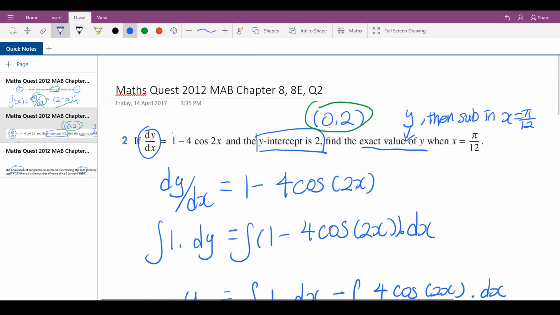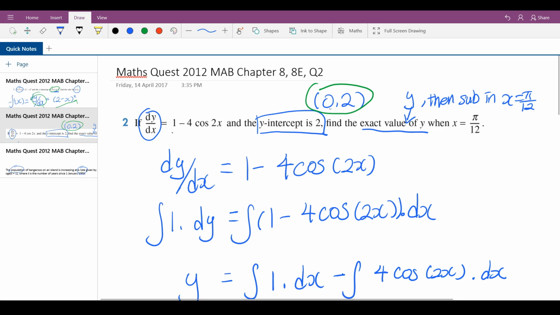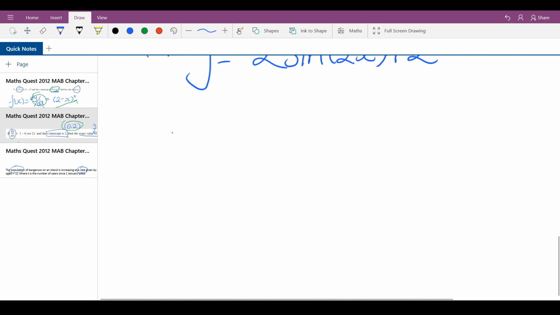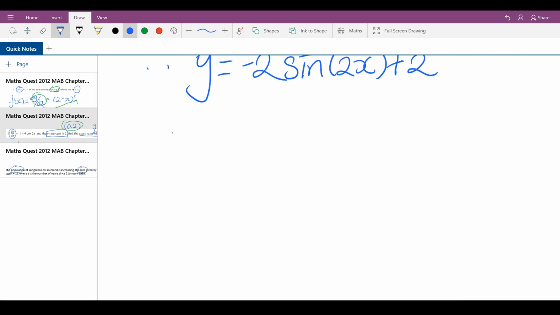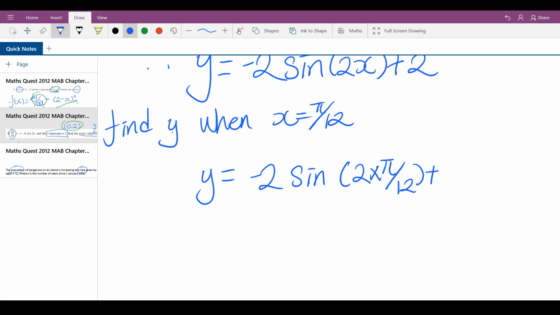Now with this complete original equation, we can finally answer the question. Remember, we haven't finished yet. The question is, find the exact value of y when x is equal to pi over 12. So now we just have to sub those coordinates in. So y is equal to -2 sine 2 times pi over 12 plus 2.